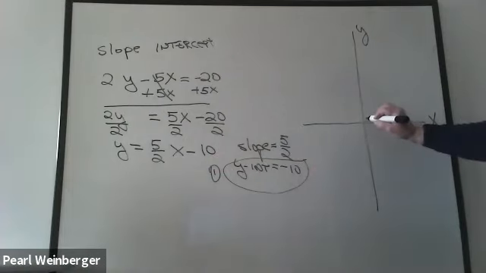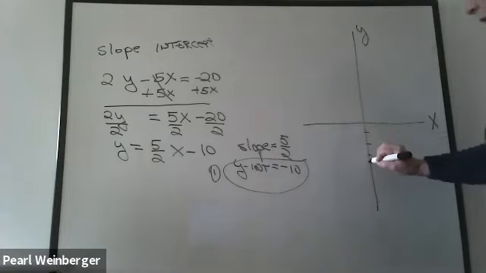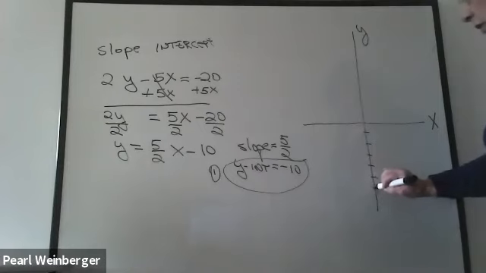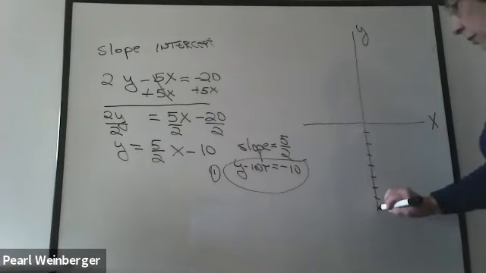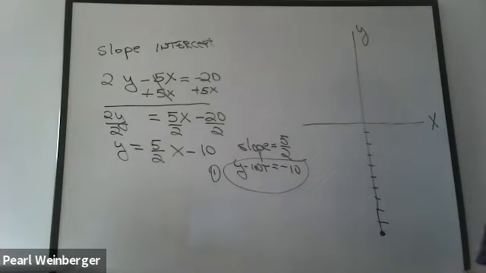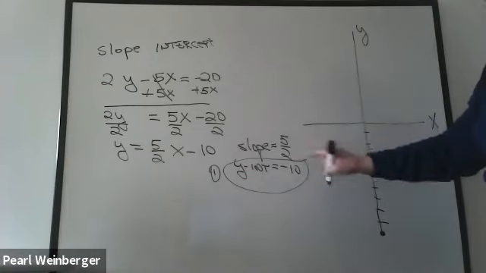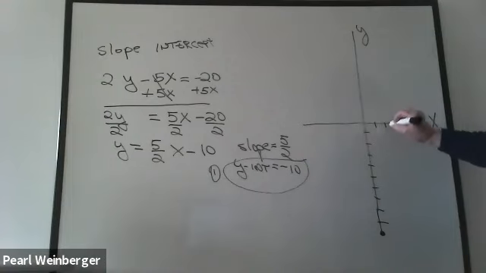That means on the y-axis, I have to go down 10 steps. 1, 2, 3, 4, 5, 6, 7, 8, 9, 10. Here is my y-intercept, my first point. Now I'm going to use the slope to get to other points.